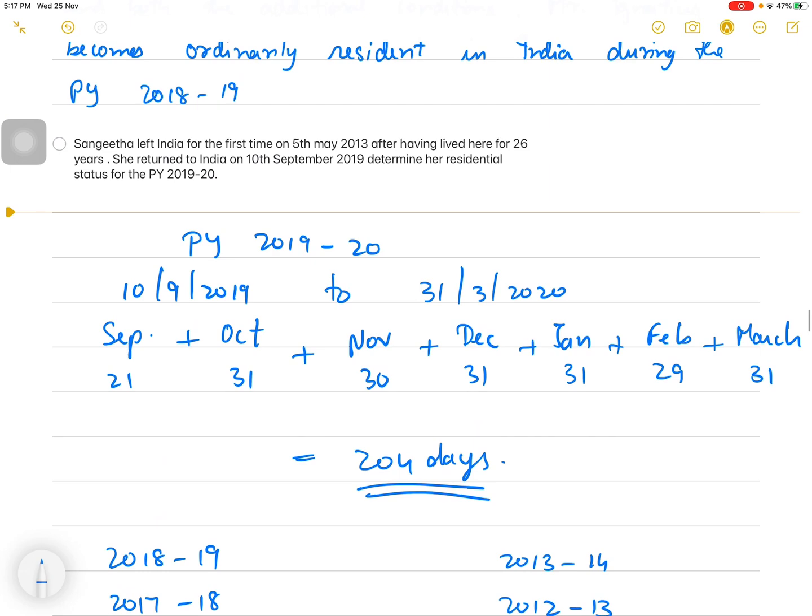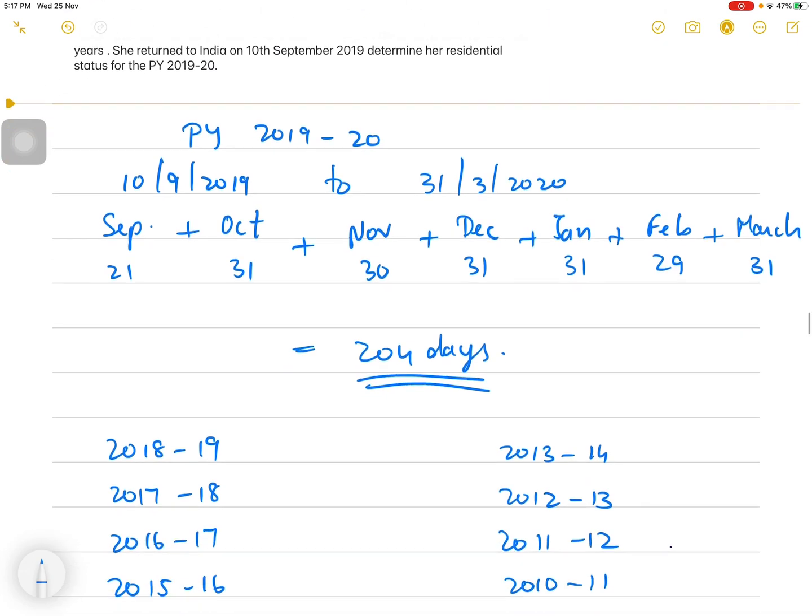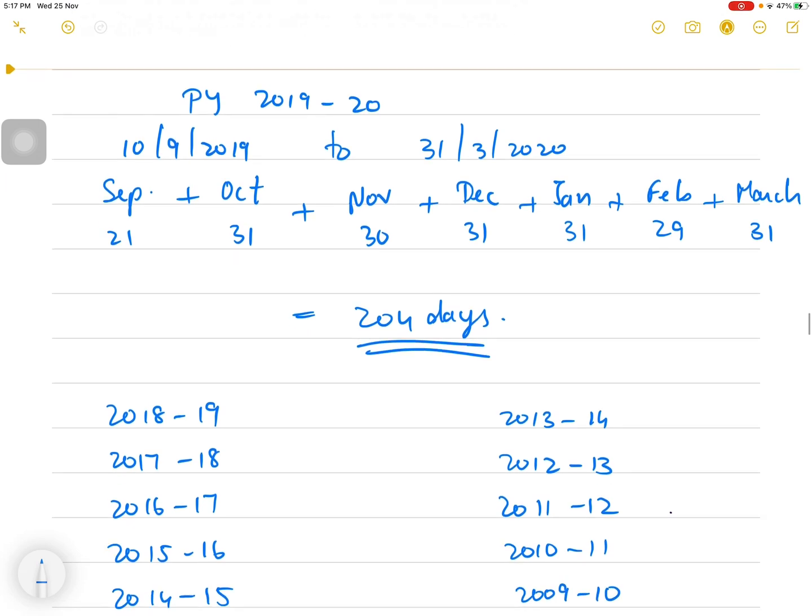Okay. So in the question it's given that she left India for the first time on 5th May 2013. So 5th May 2013 is year 2013-14. So she left on 5th May 2013.